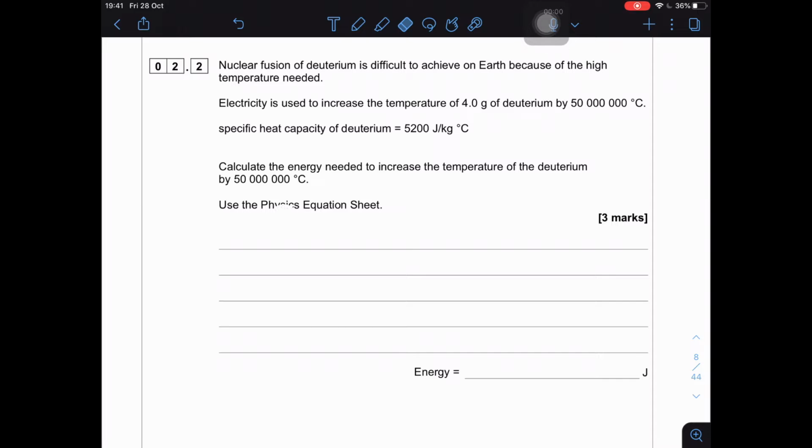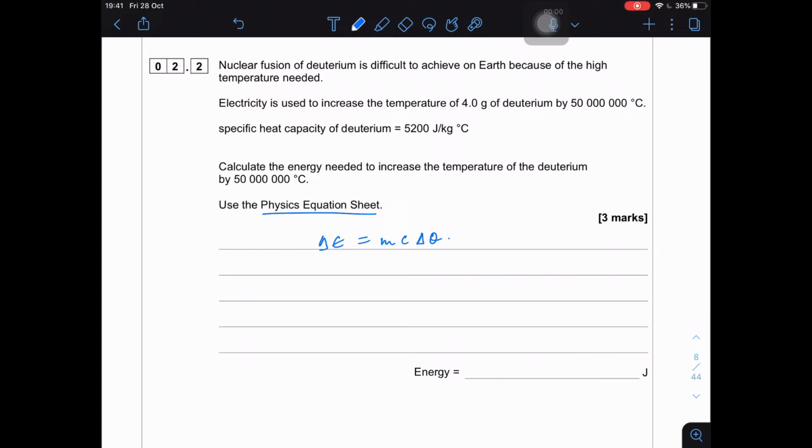All right, let's get started with this question now. Here, the equation sheet should have an equation, and you need to go through it and find the most suitable equation for this question. This one will be delta E equals m c delta theta, where theta means temperature change.